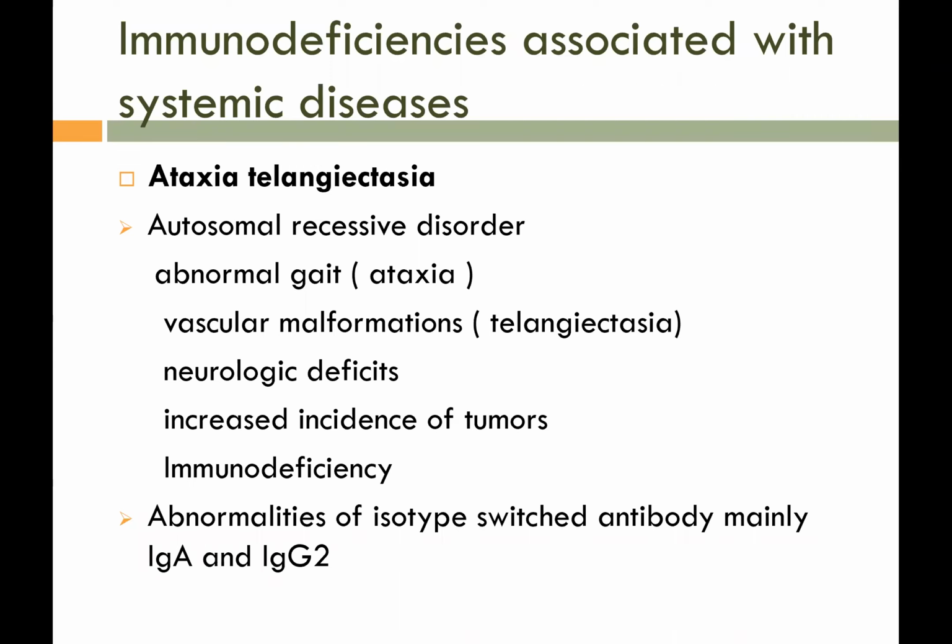How do I remind myself of that? Well, A here is IgA, and the second word is telangiectasia. So the G is there, so it should remind me that I am looking at IgA and IgG. And basically, the second word, telangiectasia, reminds me that the problem there for IgG is particularly subtype 2.